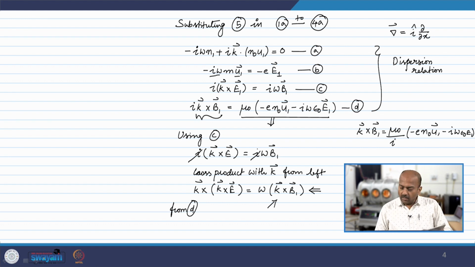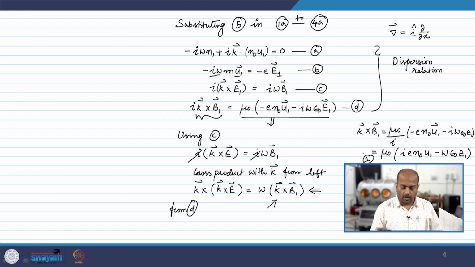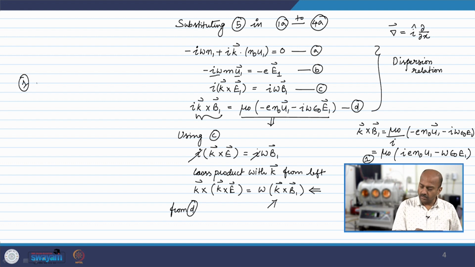Now, we can simplify it as mu naught times, let us say, I e n naught U1 minus omega epsilon naught E1, right. If I take I out, we can write this equation. Let us say we mark it as equation number 1 here. So, taking I out, we have mu naught I e n naught U1.